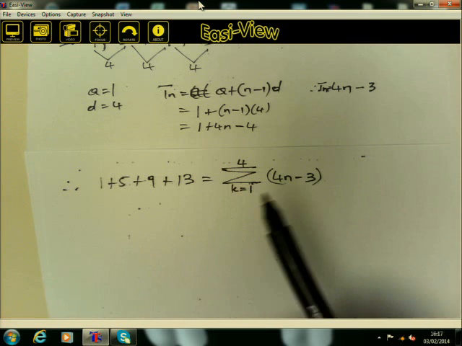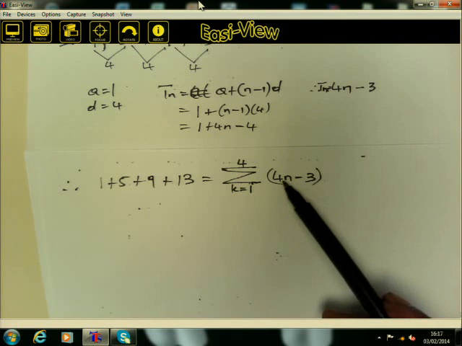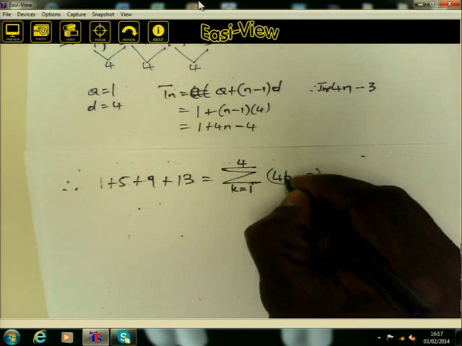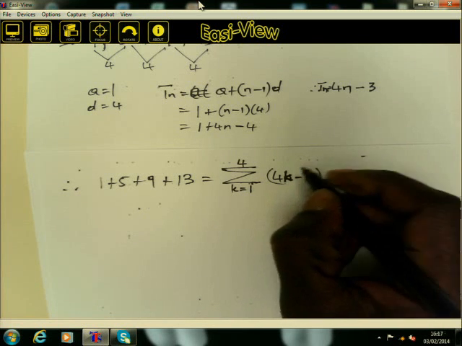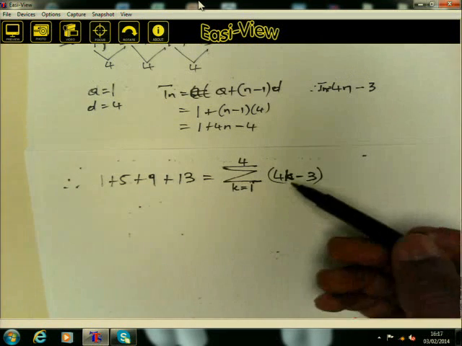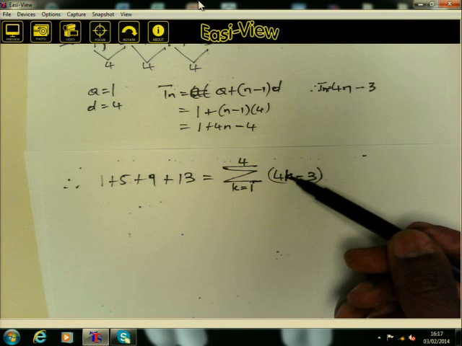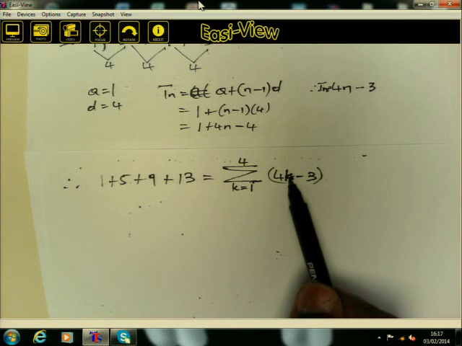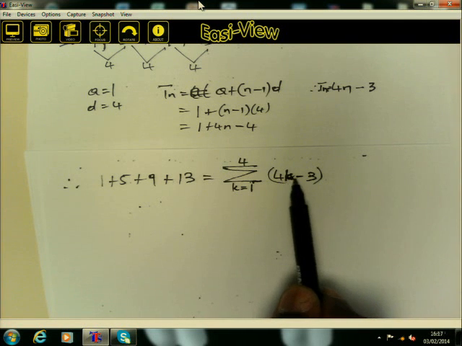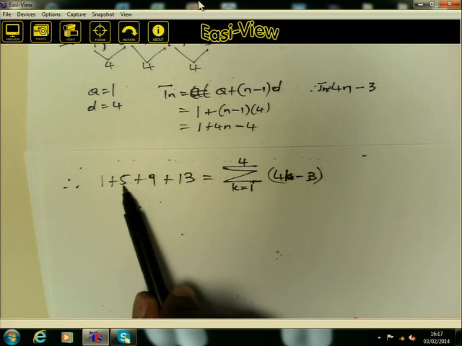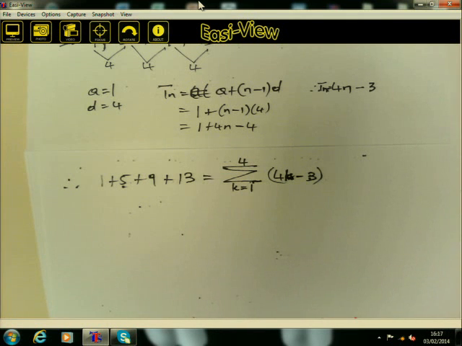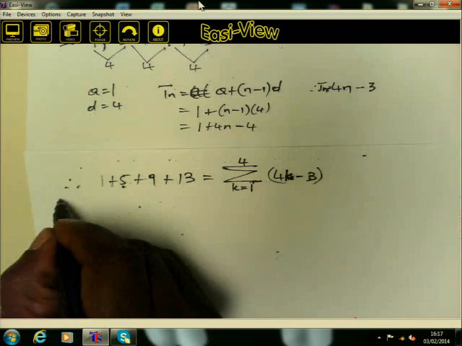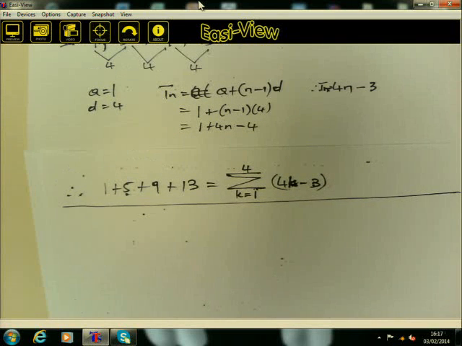So we can check on those that they will take us back. If k is 1, 4 by 1 is 4 minus 3, it gives us a 1. When k is 2, 4 by 2 is 8, take out 3, you'll get a 5, and so on and so on. Right. So that's how we got those to write the series in a form of a sigma notation.